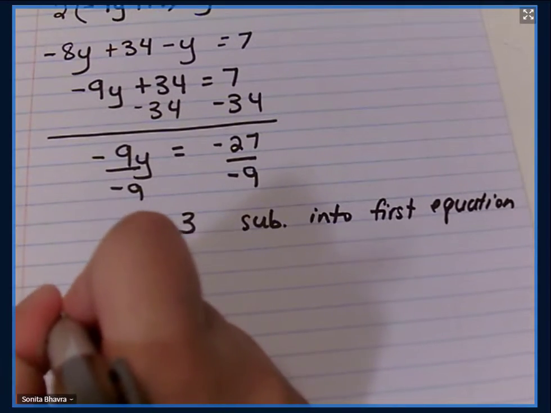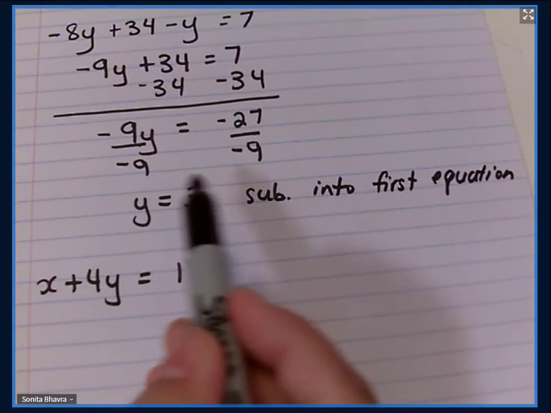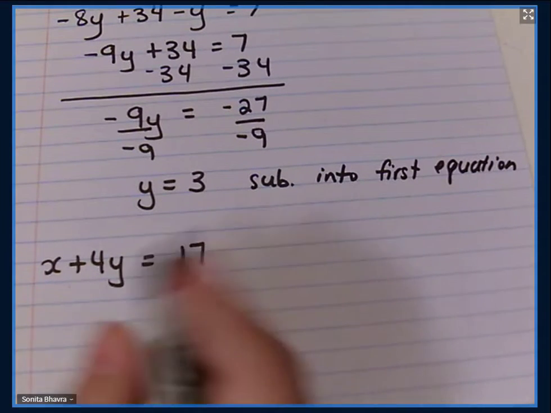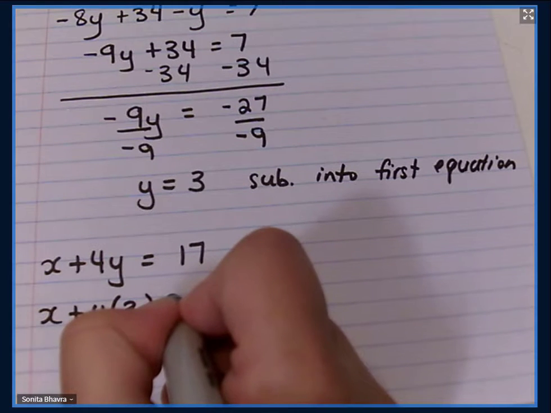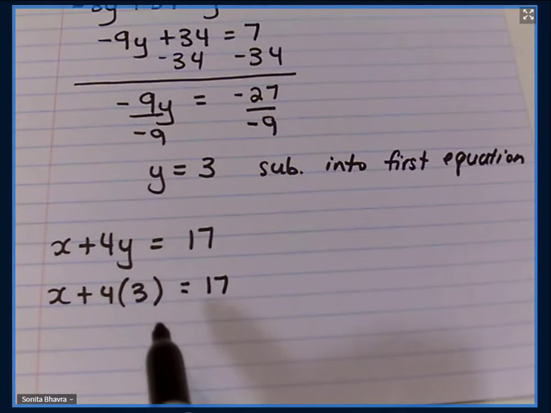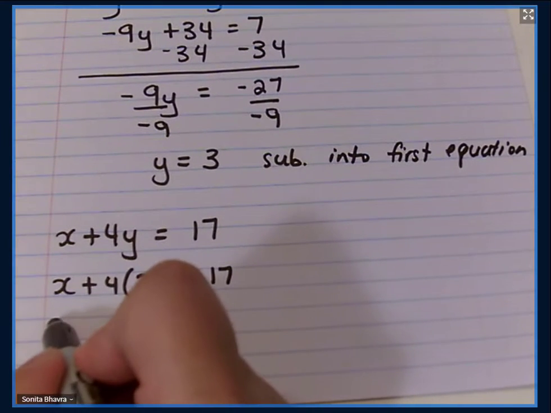So x plus 4y is equal to 17. I know that y is equal to 3, so I'm going to substitute it right into my y here. So x plus 4 times 3 is equal to 17. And notice I did use brackets, always use brackets when substituting.